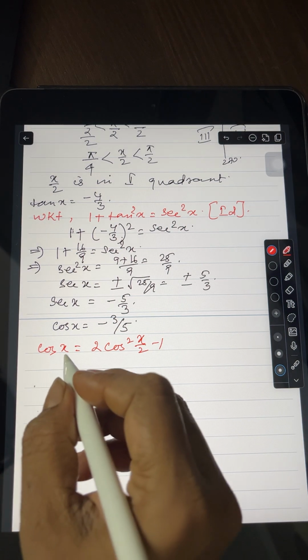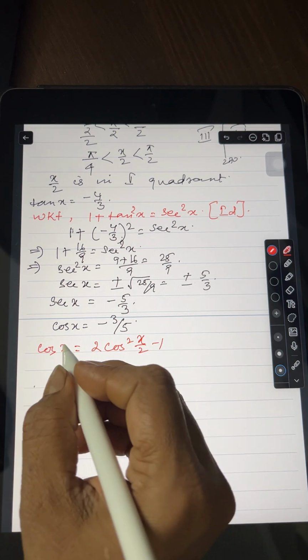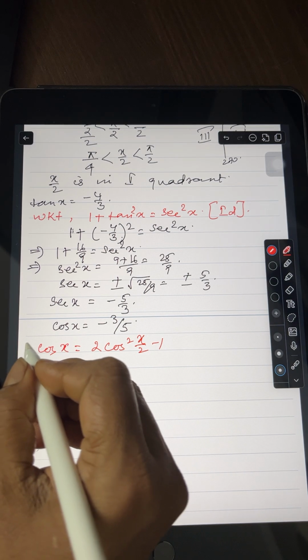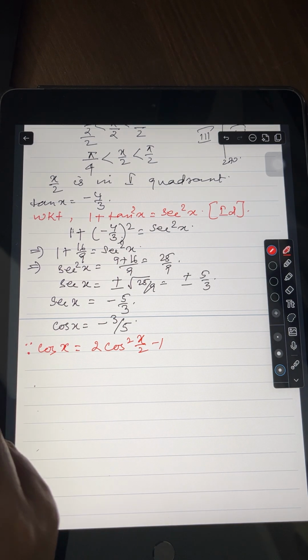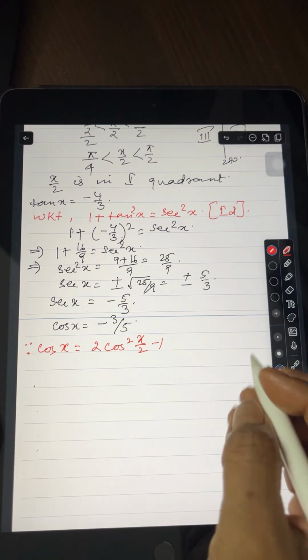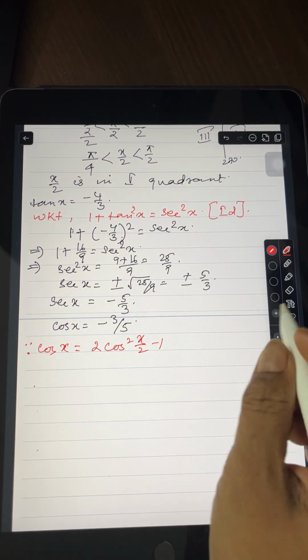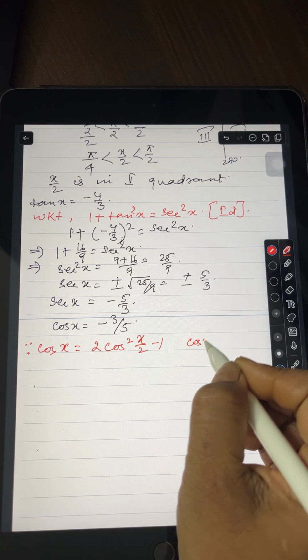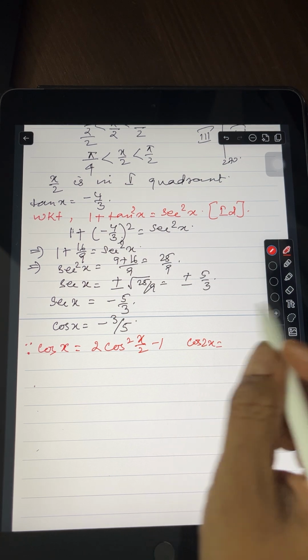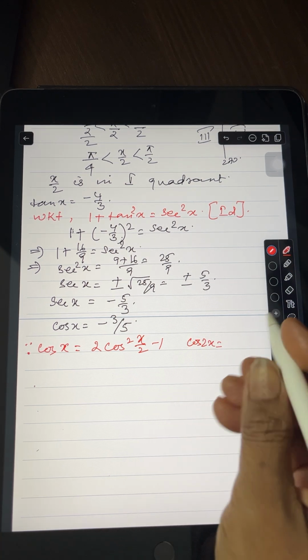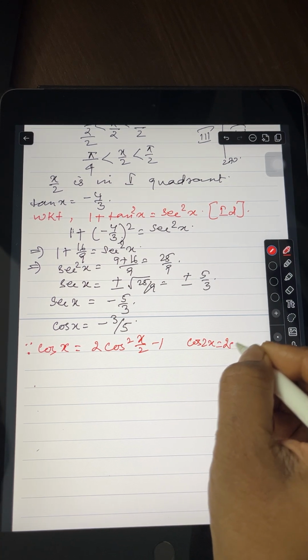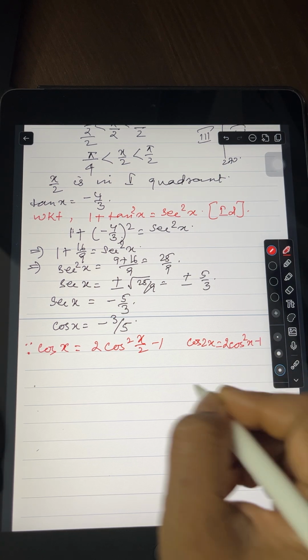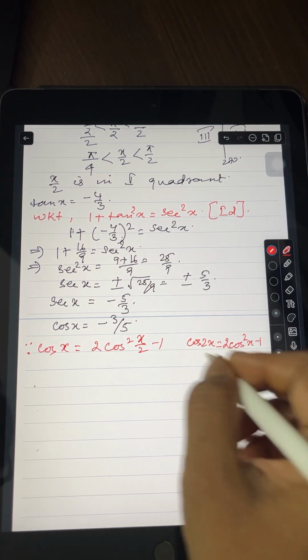How are you getting this? You see, cos 2x. You know cos 2x. What is cos 2x? Cos 2x is 2 cos square x minus 1.